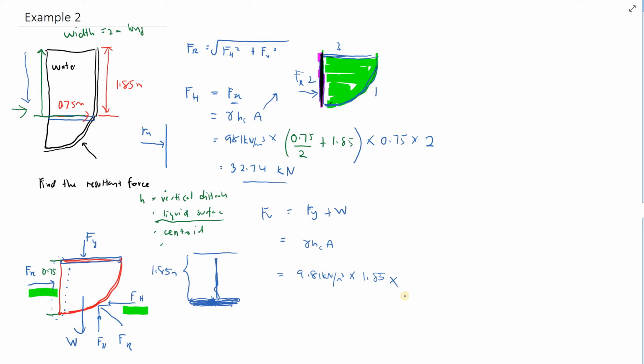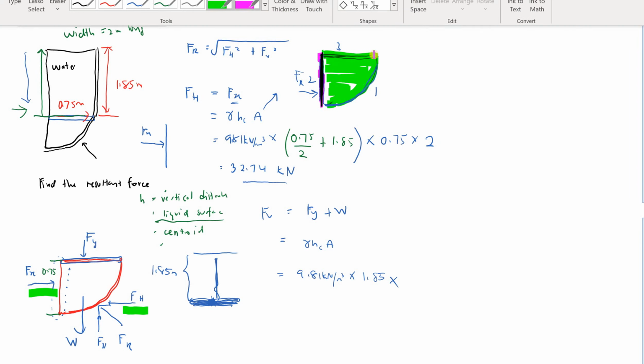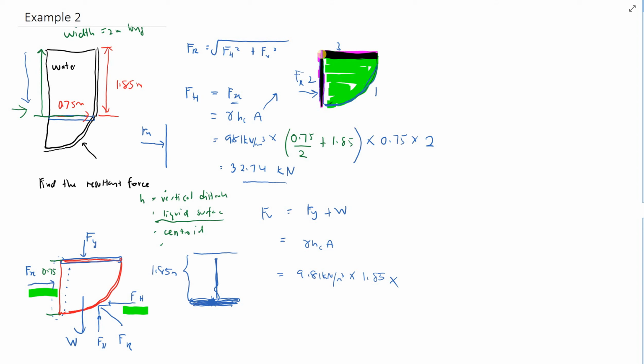Next, the A, the area in contact with the water. Again, same concept. You are interested in this surface at point number 3 here, where at that point you have your Fy acting. So you don't calculate the surface area down there.